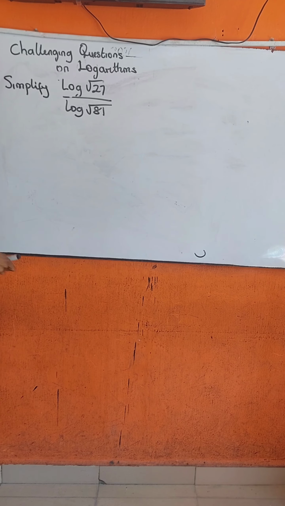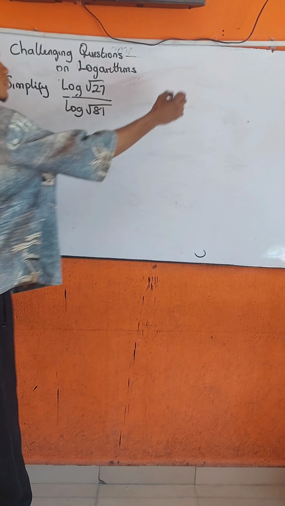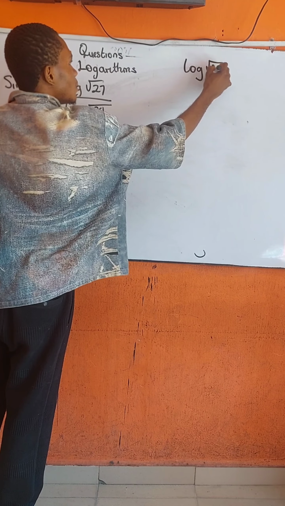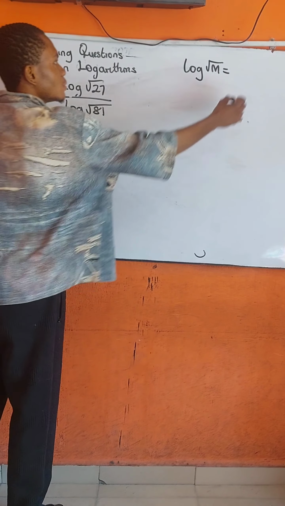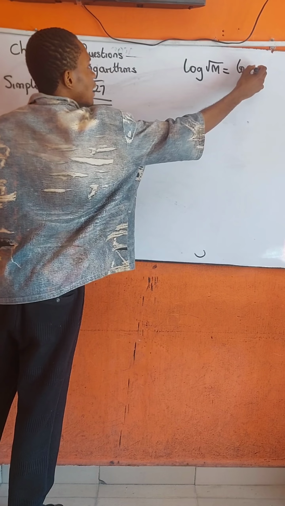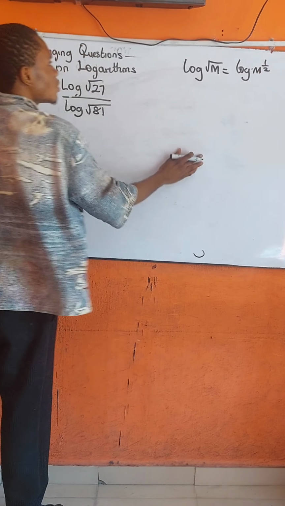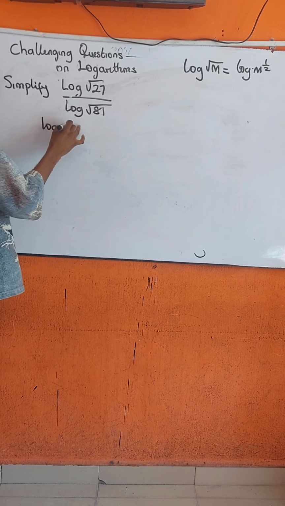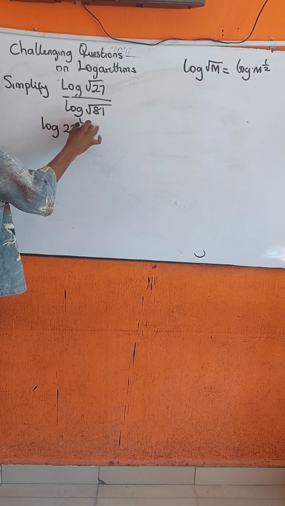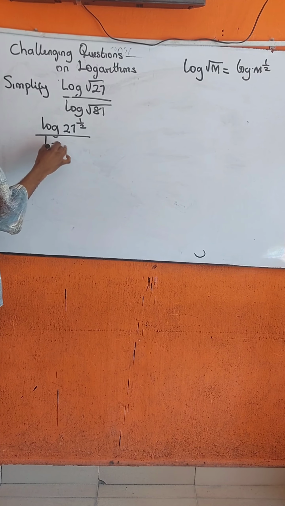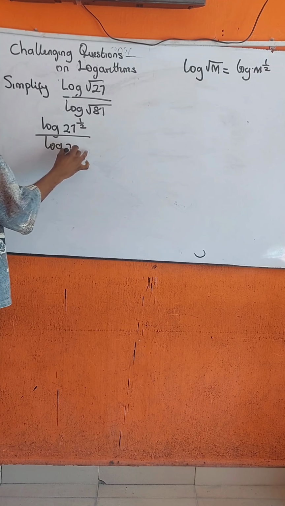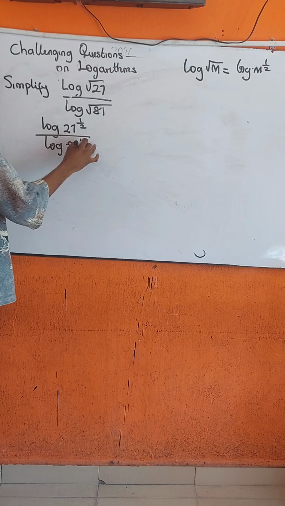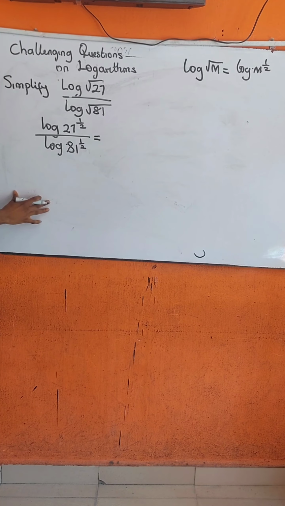Remember this rule of logarithm: log m raised to the power r. According to this rule, we have log 27 raised to the power half over log 81 raised to the power half.